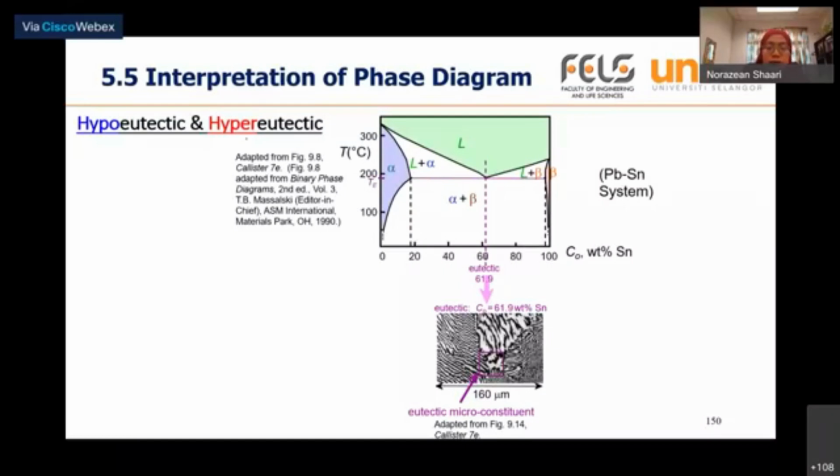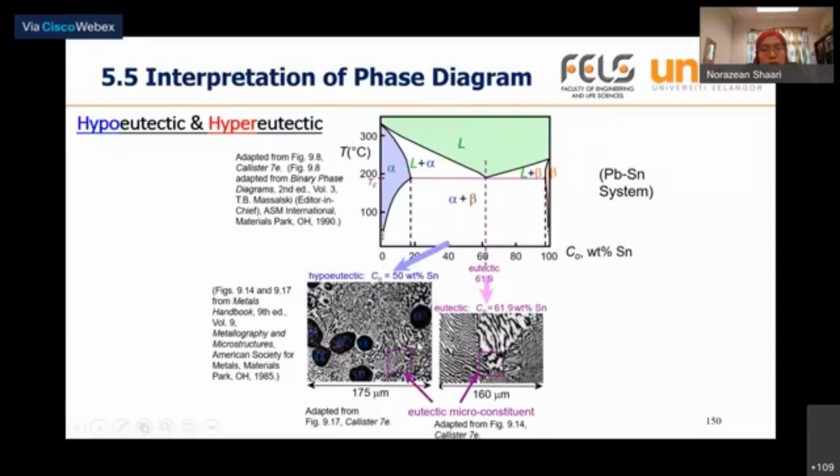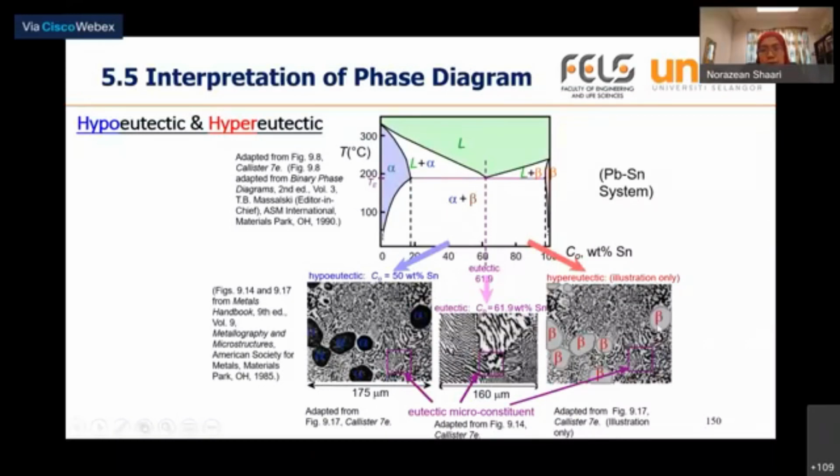So ini tadi eutectic, this is the eutectic microstructure. So kalau yang sebelum eutectic which is this region, itu kita panggil hypoeutectic, which is kita ada lamella structure dan juga alpha crystal. And then selepas daripada eutectic, this is known as hypereutectic. So kita ada lamella structure with beta polycrystal because it's close to beta.